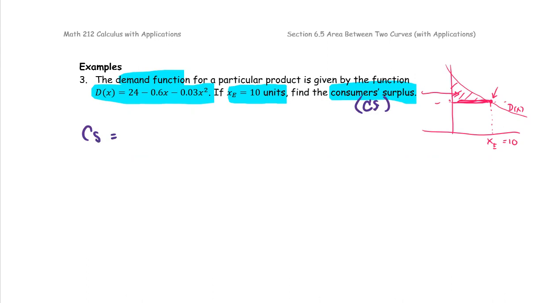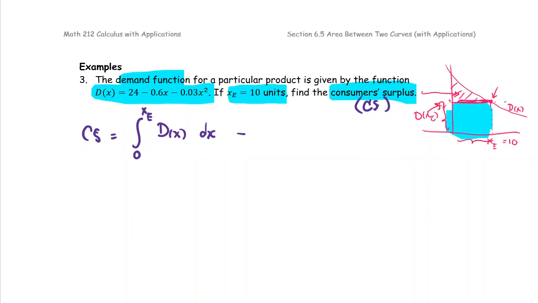Consumer surplus equals the total area, which is the definite integral from 0 to the equilibrium point of the demand function with respect to x, subtracted by the area of the rectangle, which is based on the length and width: the equilibrium point, or the 10 units, and the height, which is supposed to be D at the equilibrium point, which we don't know yet.